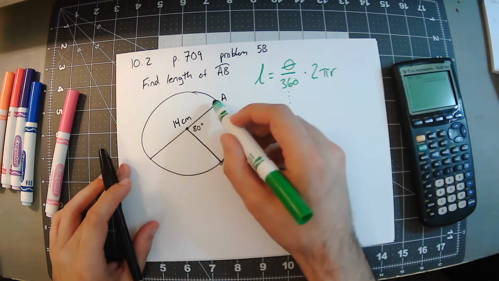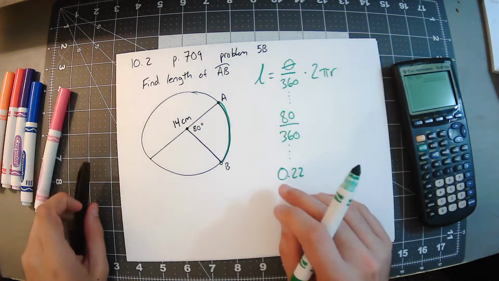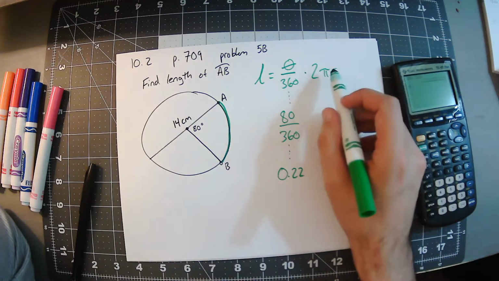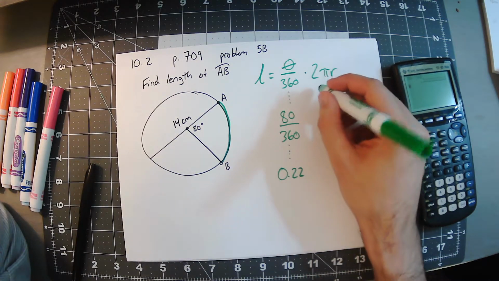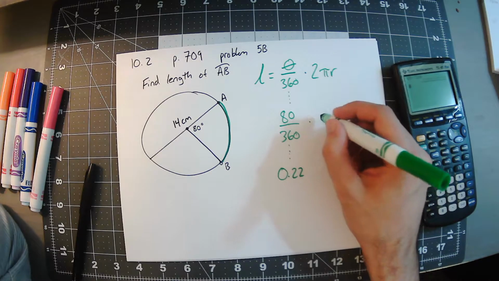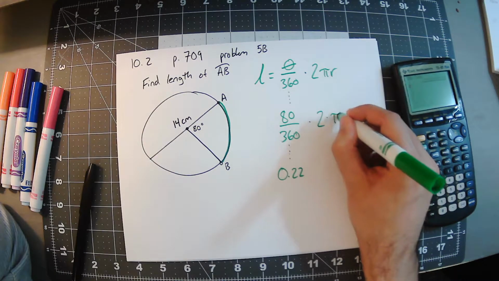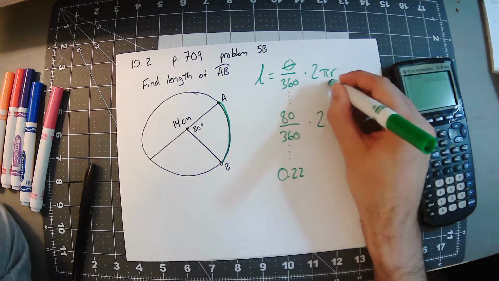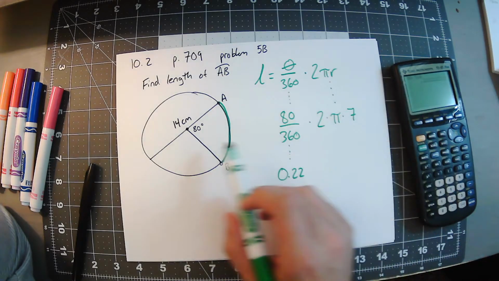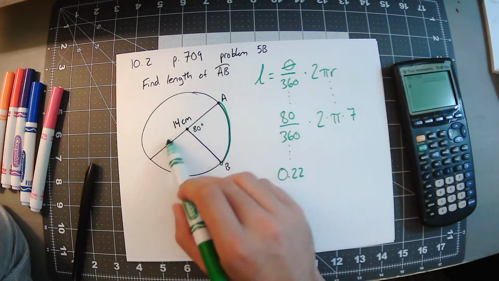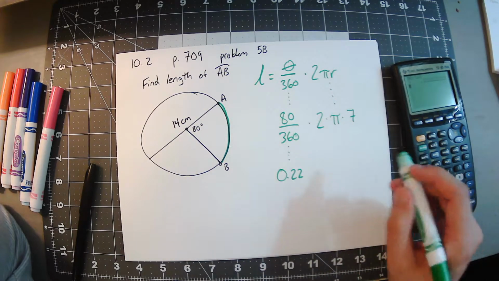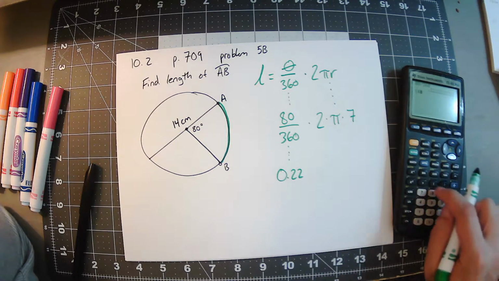If you see here, our diameter is 14. So I didn't use my radius. I need to cut that in half. So this is going to be 2 times pi times 7. 7 is half of 14. We're given the whole length as 14. So we have 14 pi.